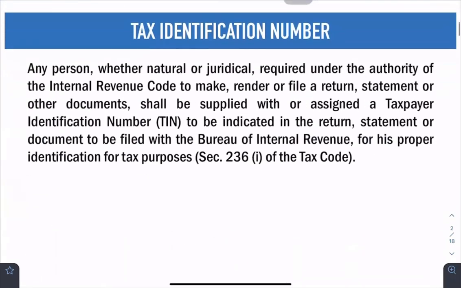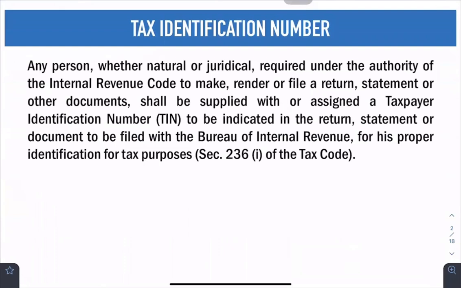So everything starts with a tax identification number. What is a tax identification number? Any person, whether natural or juridical, required under the authority of the Internal Revenue Code to make, render, or file a return, statement, or other documents shall be supplied with or assigned a tax identification number to be indicated in the return, statement, or document to be filed with the Bureau of Internal Revenue.